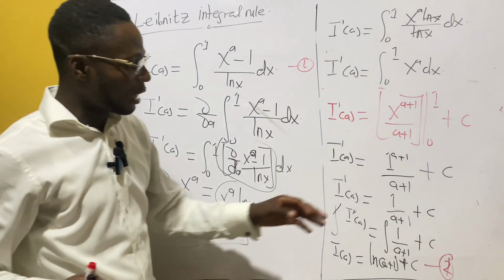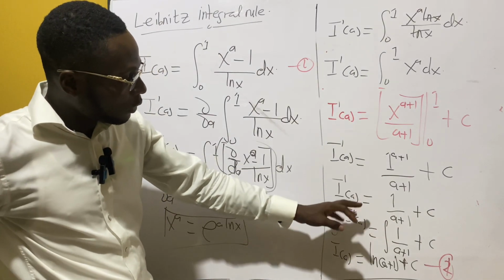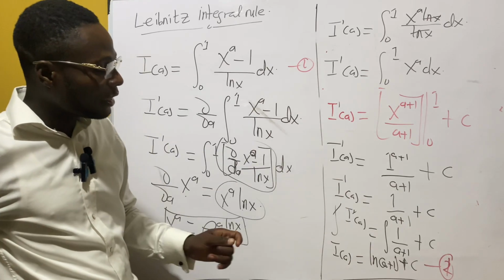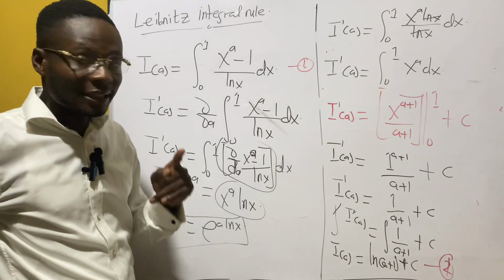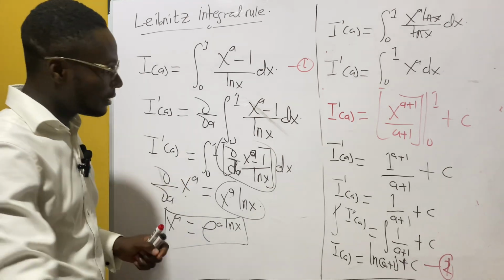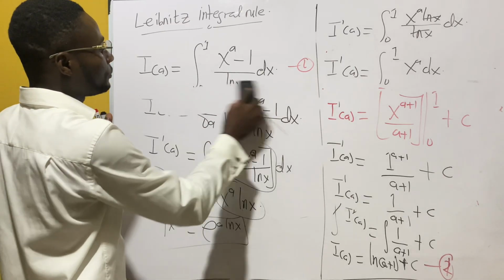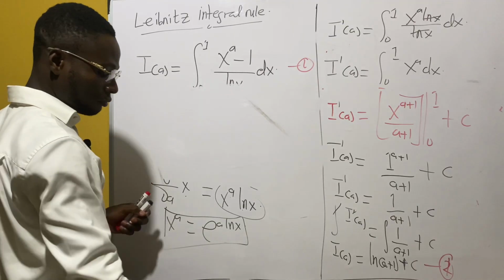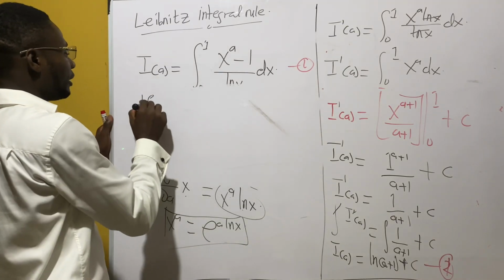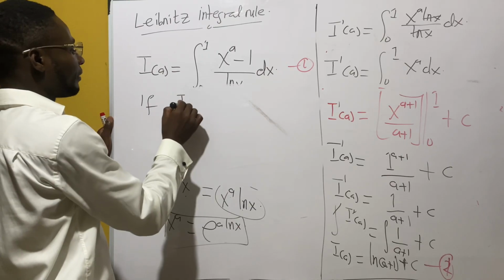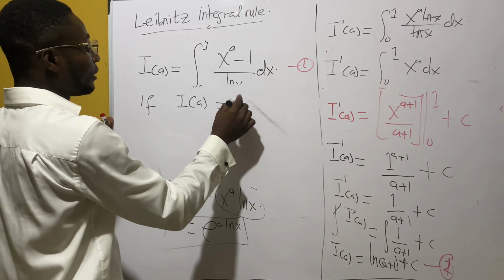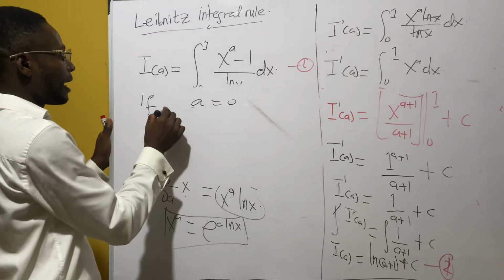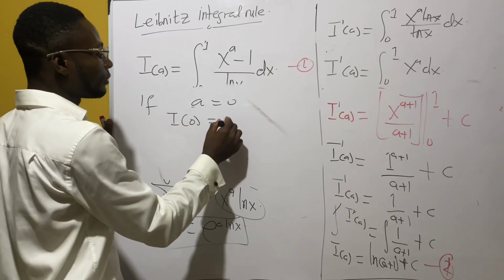Once we have this, we can say that if a equals 0, then I of 0 is equal to 0.